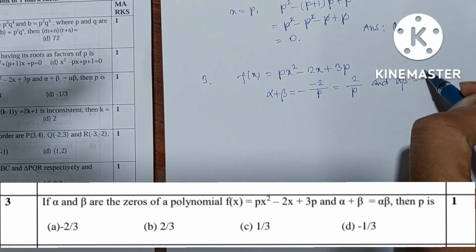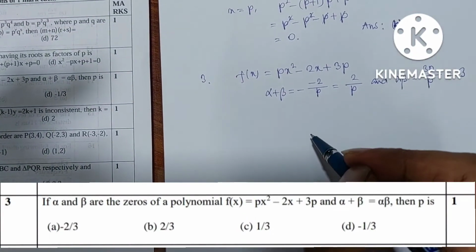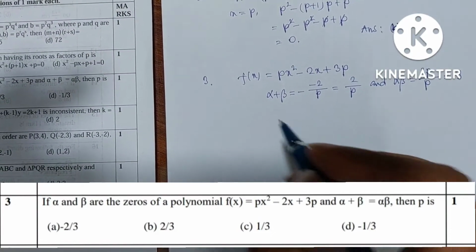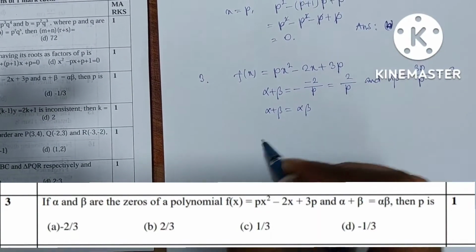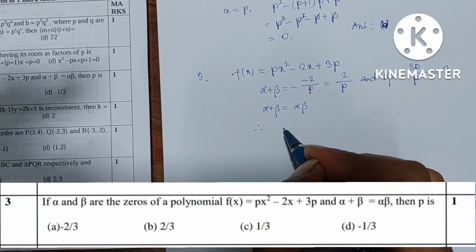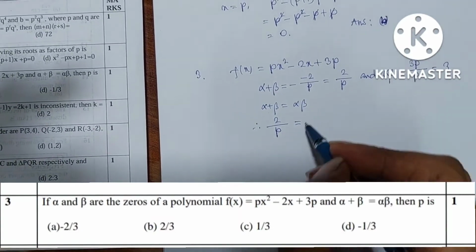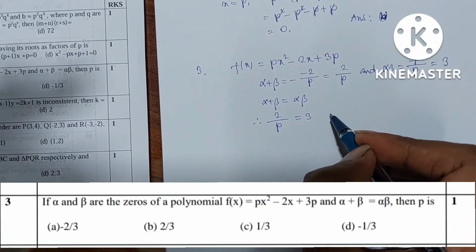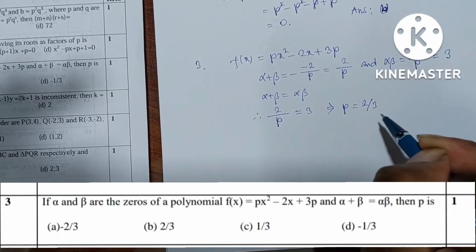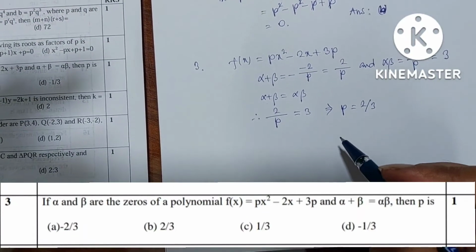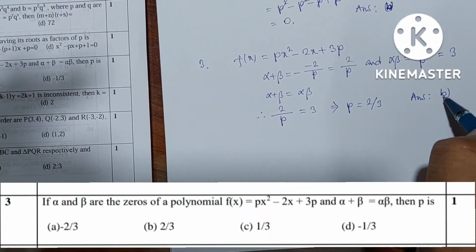Here it is 3p by p, that equals 3. And it is given that alpha plus beta equals alpha beta. Therefore 2 by p equals 3. So p equals 2 by 3, that means answer B. Your answer will be option B.